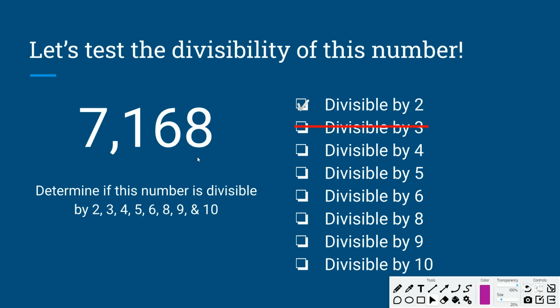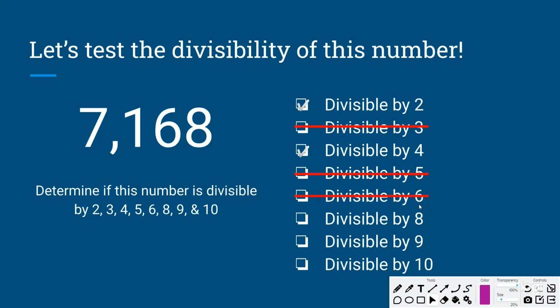Then I look at 68. Is 68 divisible by 4? Yes, it is. So I'll put a check there. Then 5, does it end in a 5 or a 0? No, it does not. Does it meet the criteria for 2 and 3 for it to be divisible by 6? No, since it's not divisible by 3, it can't be divisible by 6.